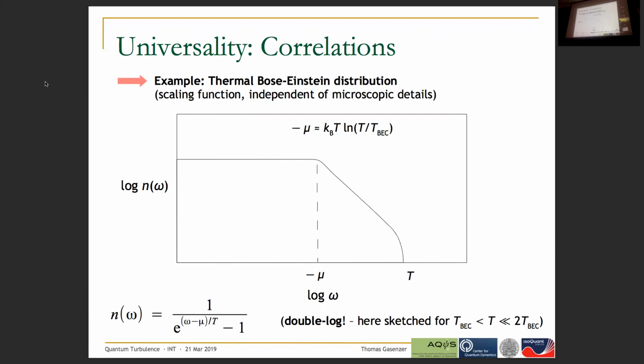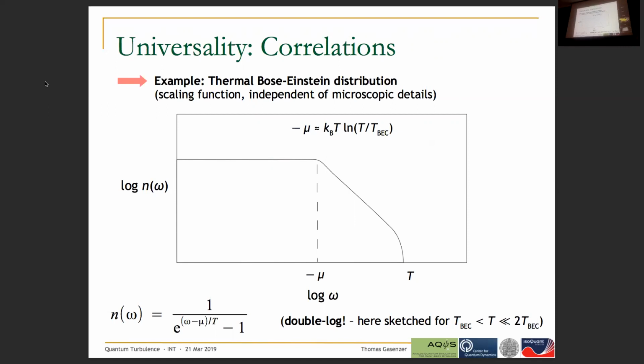For a temperature and a chemical potential in a regime where the temperature is already very close to the condensation temperature to a Bose-Einstein condensate, because in that regime we have the negative chemical potential scale being smaller than the temperature scale. There's a Rayleigh-Jeans regime. Below that chemical potential it becomes flat, and the UV cutoff is essentially the temperature.